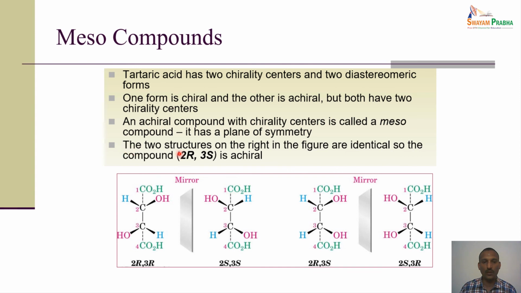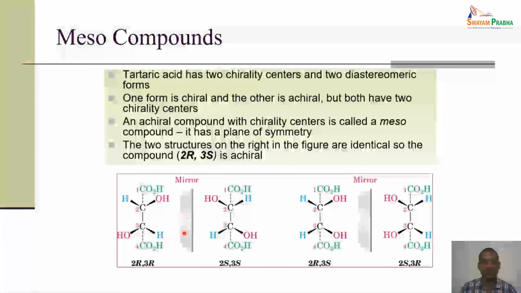Now, if you look at the two structures on the right, they are actually identical, because if I just rotate the molecule and place it on this one, it becomes exactly the same molecule. If I rotate here, I may not be in a position to exactly place the same compound.